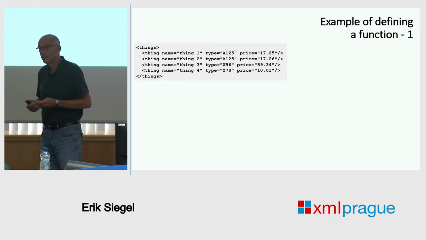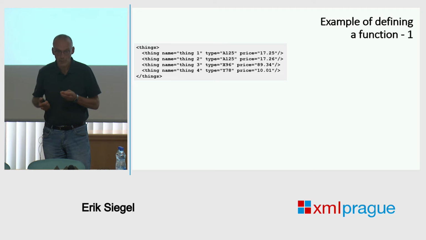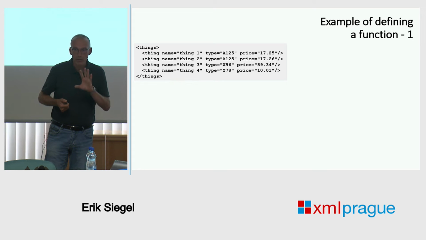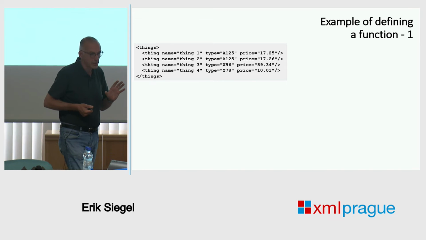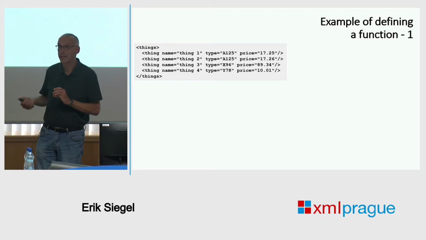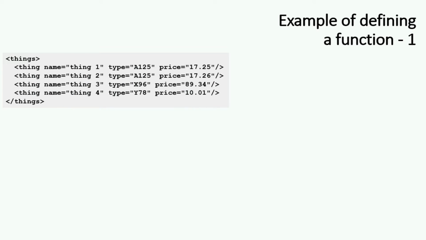Then let's have a look at using XSL functions, which is also interesting and also merits an aside about namespaces, you'll see. This example is a bit more complex, just to show you what functions can do. Here we have a list of things, and things have a name and a code and a price. What we want to do in the Schematron schema is check whether the price is correct.